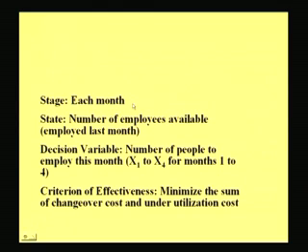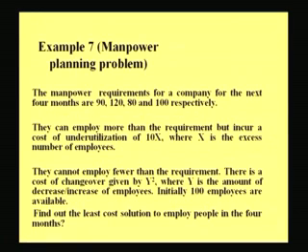State in this example is the number of employees available in the month, or the number of employees who have been employed in the previous month. Now, for example, when we look at the beginning of the first month, 100 employees are available in the beginning of the first month. So, that is the state variable.